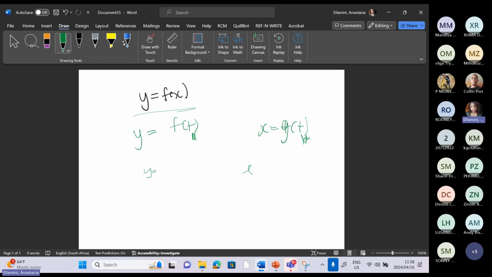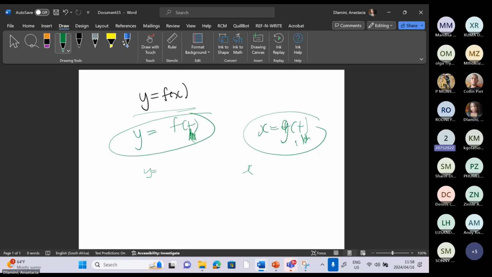And the two expressions, for y and x, are known as the parametric equations. That's why we're calling this section differentiation of parametric equations. Why are we calling this section differentiation of parametric equations?